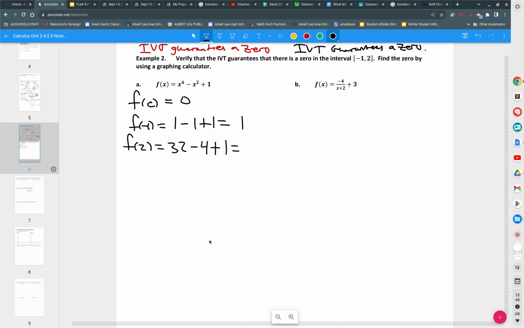Isn't it 16? No, 32. 16 minus 4 plus 1 is 13. So does the function have to cross over 0?